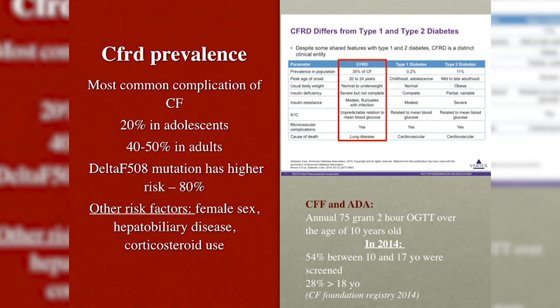Type 2 diabetes was traditionally a diagnosis of mid and late adulthood, but currently we're seeing individuals at a younger age getting diagnosed. In terms of body weight, individuals with CFRD are usually normal or underweight. For type 1 diabetes, usually normal, although we are seeing more obesity in type 1 individuals, and type 2 diabetes traditionally is more in obese patients.